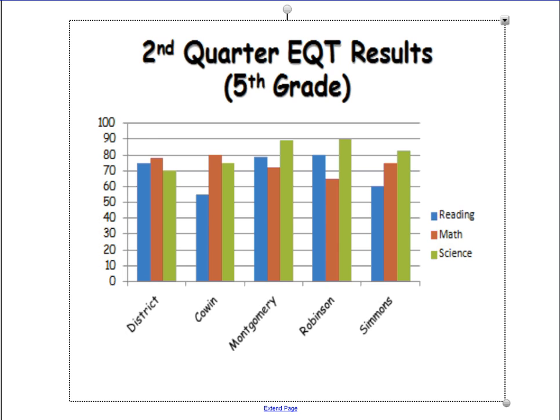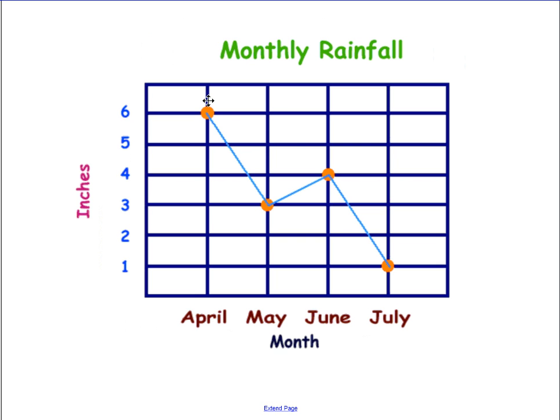But instead of having bars, we're going to have dots with segments connecting each one. For example, in this case, we're looking at the monthly rainfall for the months of April, May, June, and July. In April, we got 6 inches, May 3, June 4, and July 1. So that's how you would display it there.